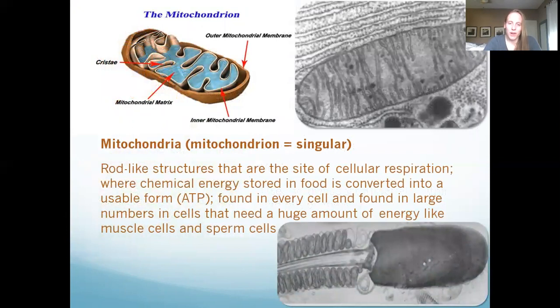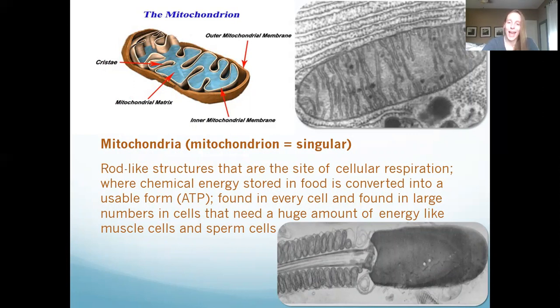Then we have the mitochondria, which again you recognize because it has this back and forth wiggle thing happening. They are the site of cellular respiration, which essentially means that it is where chemical energy from food is converted into a usable form of energy, which is called ATP.